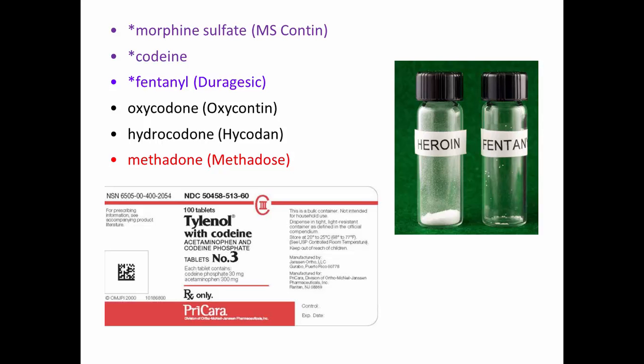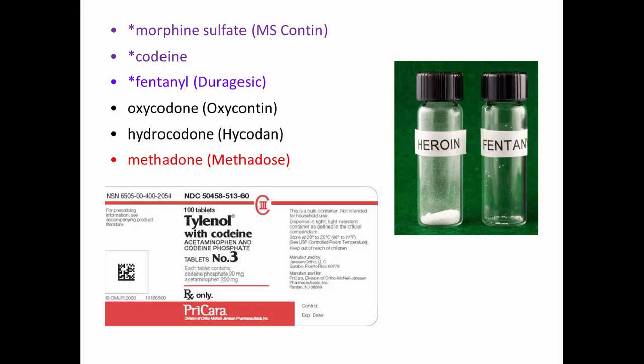In 1898, they tried to develop another drug that was not as addicting as morphine. Morphine was used to treat pain for Civil War soldiers, and they tried to find another type of analgesic drug other than morphine that would work as well but wouldn't be as addictive. And so in 1898 they came up with heroin, which turned out not to be a very good idea.